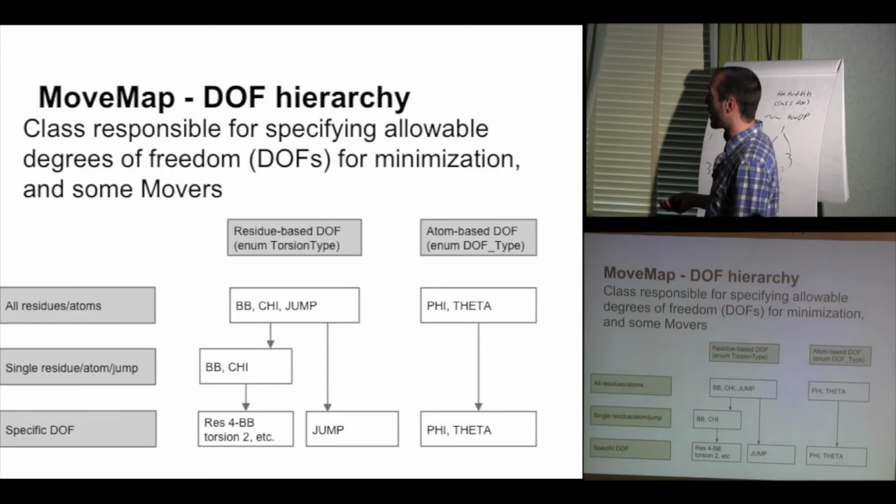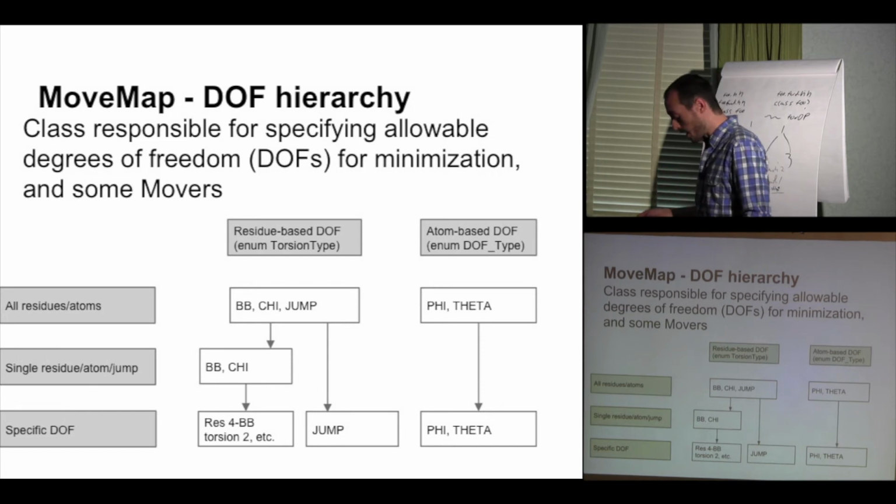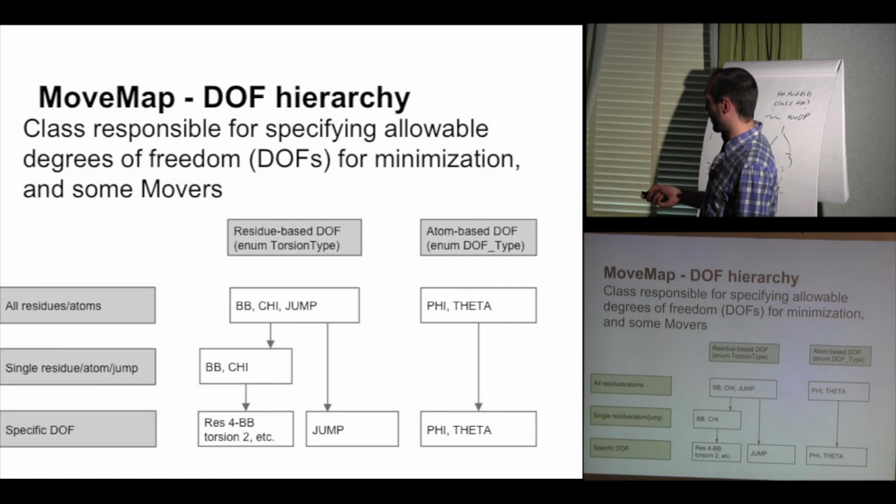So the MoveMap has this hierarchy of degrees of freedom, and there are residue-based degrees of freedom and atom-based degrees of freedom. The residue-based degrees of freedom are your backbone, chi, and jump. The atom-based are the phi and theta that we talked about when we looked at the atom tree. And then there are 3 different levels that you can specify degrees of freedom at.